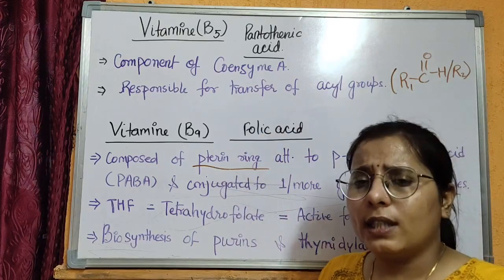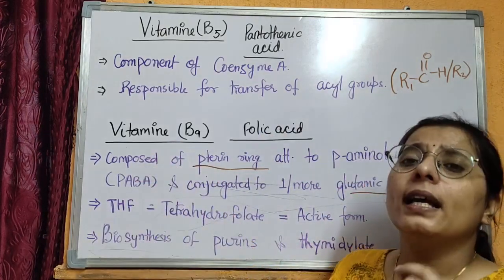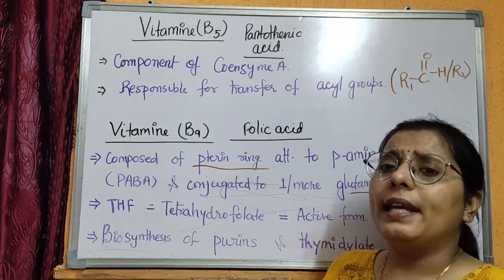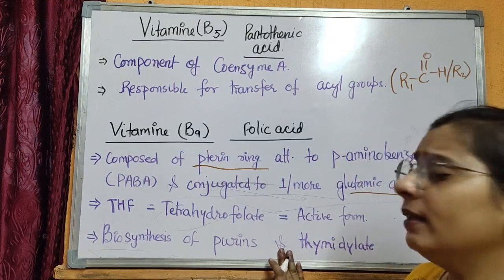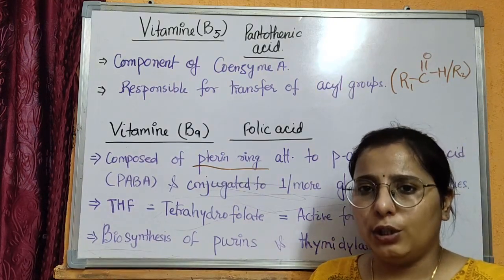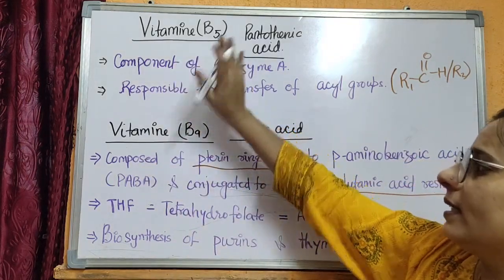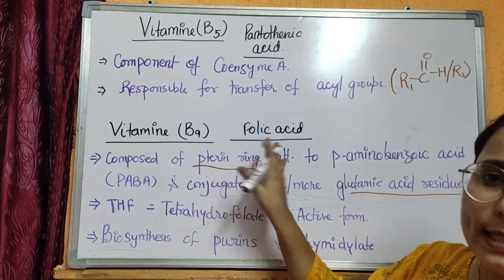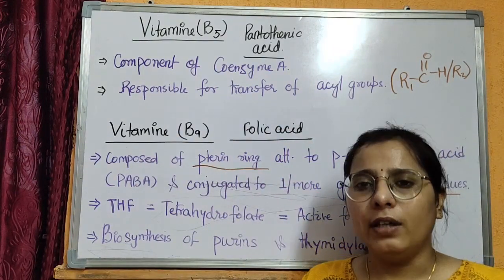The most biologically active form of vitamin B9 is THF, tetrahydrofolate, and it is involved in the formation of purines and thymidylate that further form the DNA molecules in our body. So vitamin B5 pantothenic acid and vitamin B9 folic acid are also very important for the biological activities in our body.